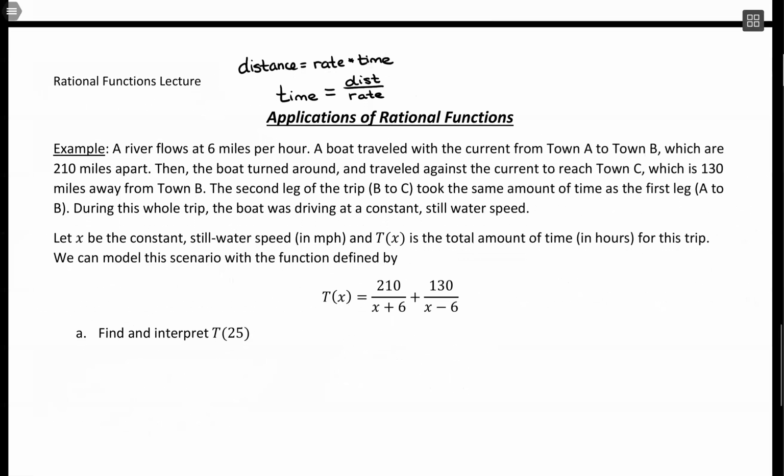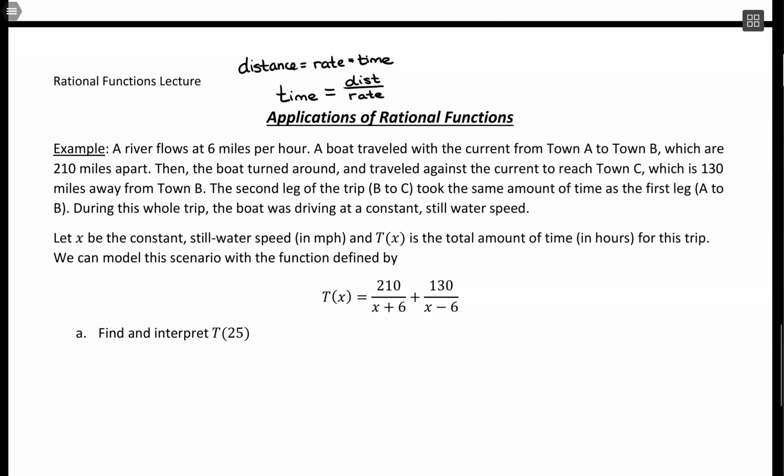So we have a river that flows at 6 miles per hour. A boat traveled with the current from town A to town B, which are 210 miles apart. Then the boat turned around and traveled against the current to reach town C, which is 130 miles away from town B. The amount of time it took between the two is the same.